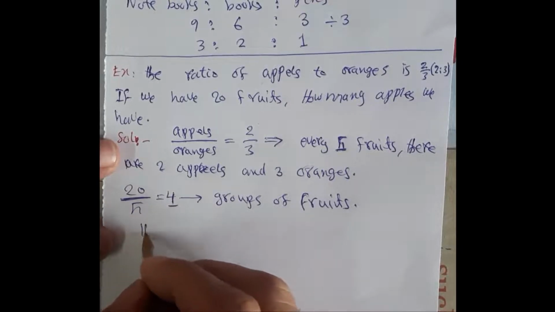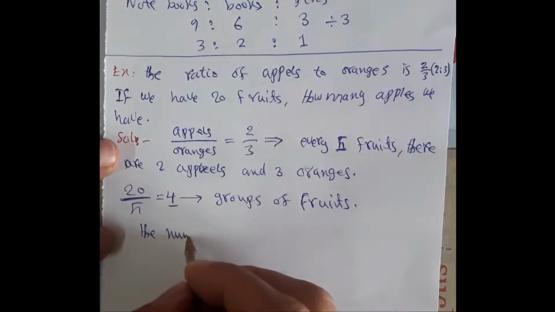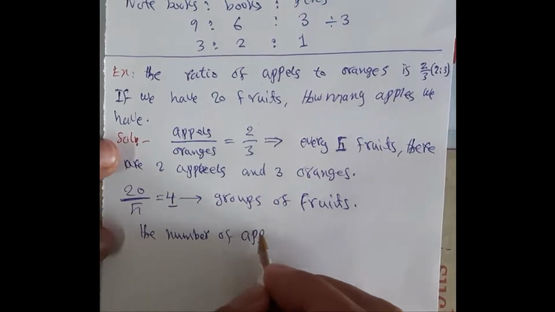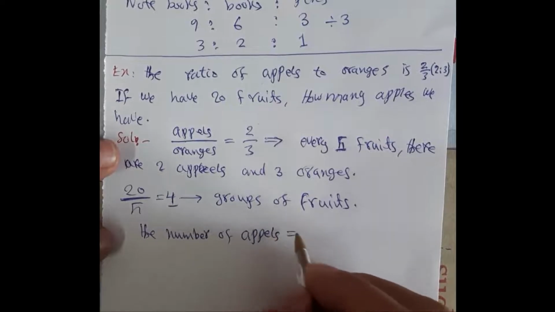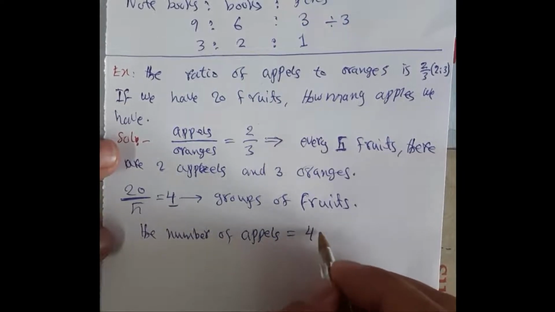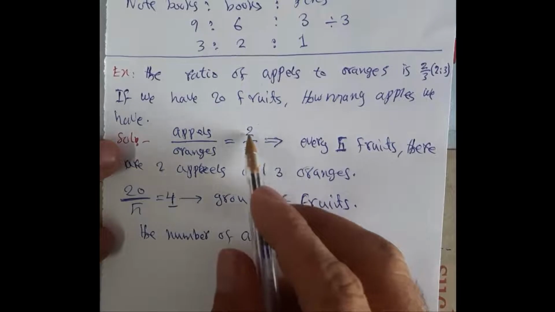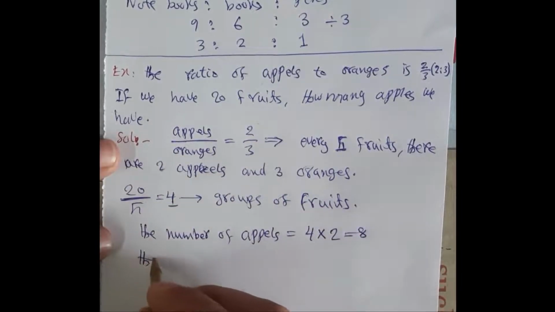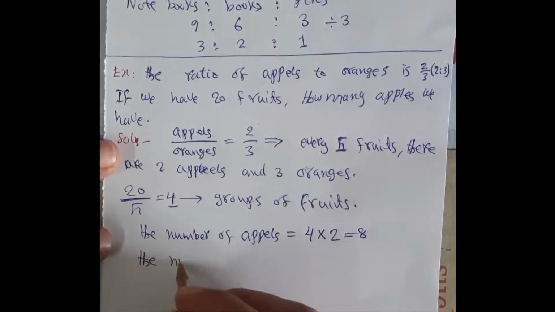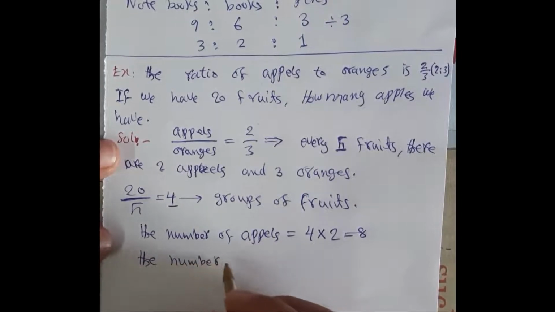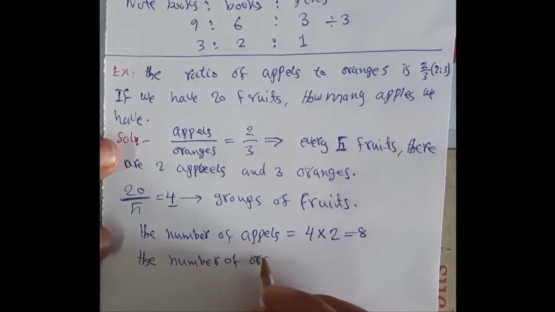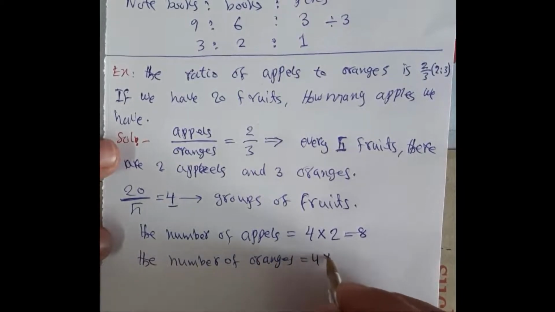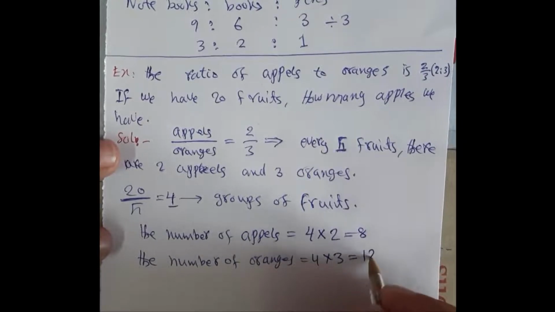So the number of apples is equal to 4 multiplied by 2, which is equal to 8. If we want to find the number of oranges, we can find it as 4 multiplied by 3, which is equal to 12.